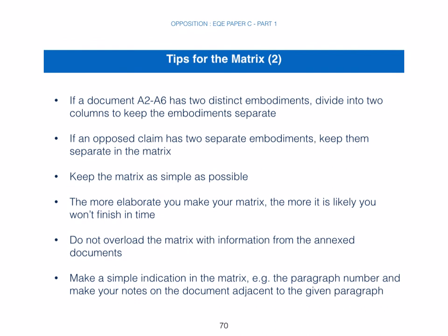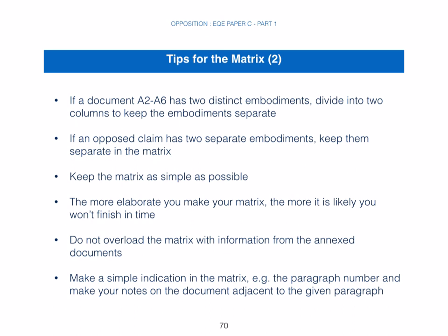If a document A2 to A6 has 2 distinct embodiments, divide its column into 2 columns to keep the embodiments separate. If an opposed claim has two separate embodiments or two separate claim dependencies, keep the claims separate in the matrix, or keep the partial claims separate in the matrix.